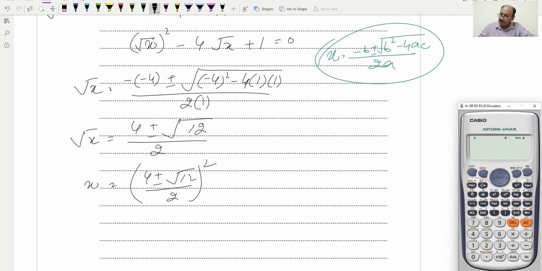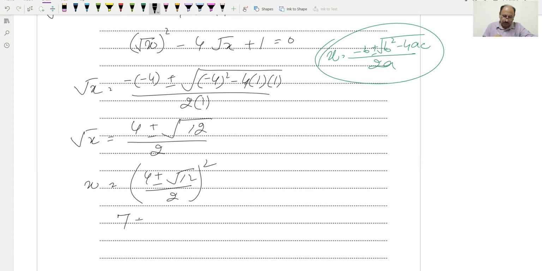So 4 plus, we have to put a bracket first, so the bracket is over here: 4 plus root of 12 over 2, all squared, and this is equal to 7 plus 4 root 3.